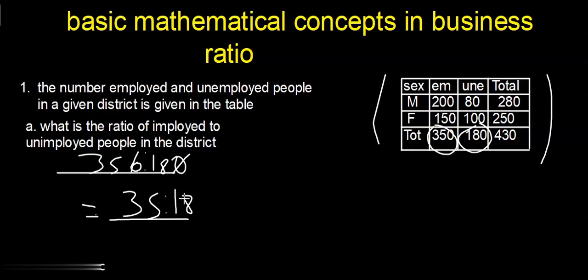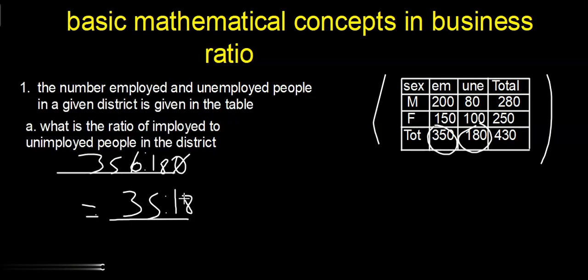That means for every 35 employed people, there are 18 unemployed people. That's how the ratio works. It's all about comparing two quantities in the same unit of measurement. So for this example, it is 35 ratio 18.